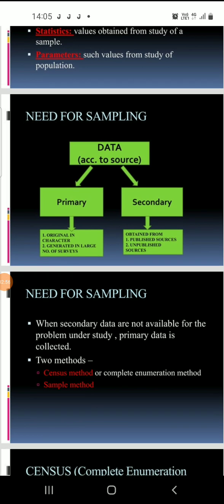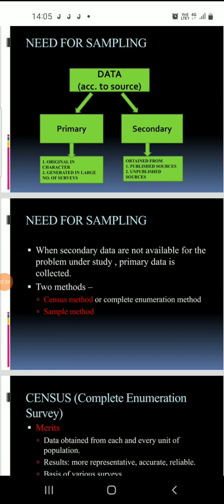When secondary data are not available for the problem under study, primary data is collected, and there are two methods to collect the data: the census method and the sample method. The census method is also called the complete enumeration method.